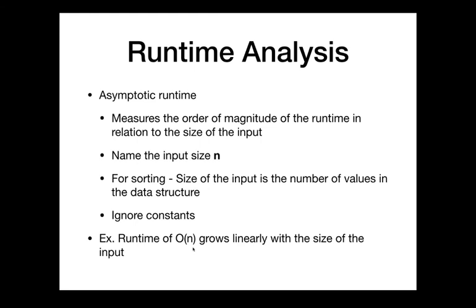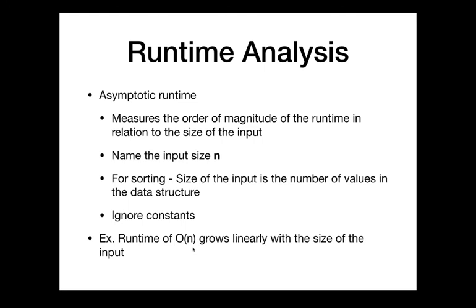And we want to ignore constants and lower order terms when we're computing this big O notation. So if this runtime grows linearly in the size of n, we're going to call that big O of n, which means that the actual total number of steps is some constant times n, and then possibly plus some lower order terms. So we might have 1 billion times n plus 1 million, or we might have n divided by 1 trillion as our actual total number of steps. Both of those are going to be O of n.